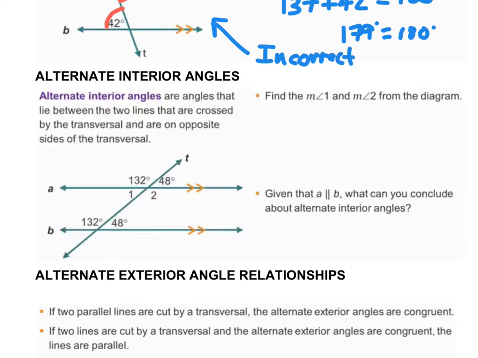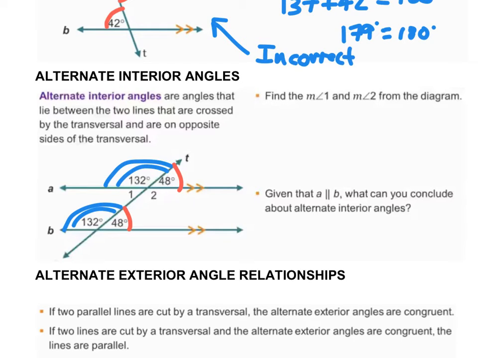Now, over here, taking a look at this example, we want to find the measures of angle 1 and angle 2. We know these lines are parallel. Notice that in this diagram you have a pair of corresponding angles here and a pair of corresponding angles here. So we can use the concept of alternate interior angles to figure out what angles 1 and 2 are.